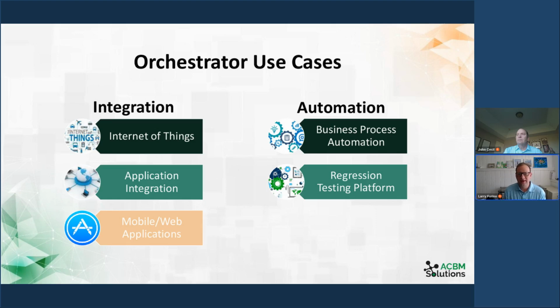Then the third thing that we see on the integration side is mobile apps. So I said in the intro that I was going to talk about this a little bit more. The official mobile strategy from JDE is to use Orchestrator as that integration transformation layer, right? So all of the logic and integration is done in orchestrations for your mobile apps. And what that does is simplify your actual mobile apps that are sitting on top of it.